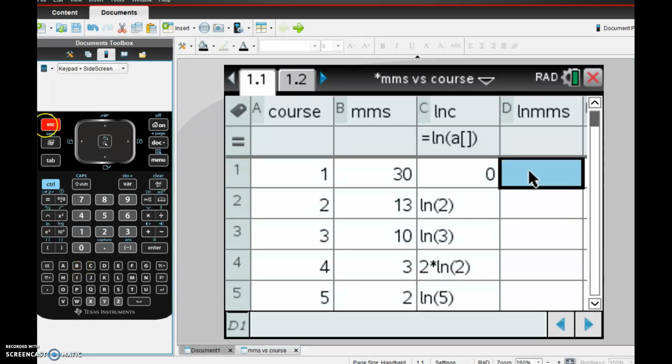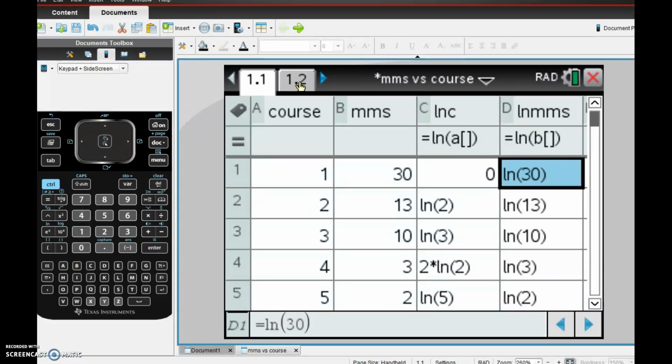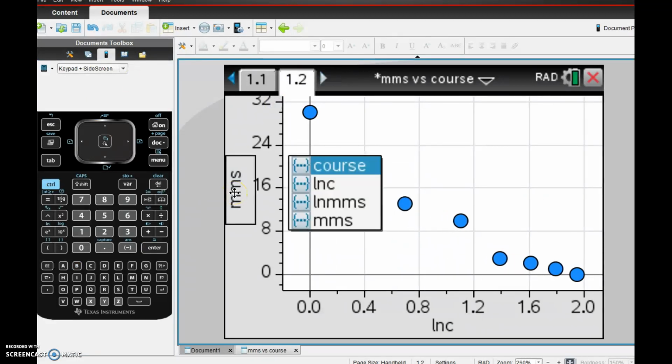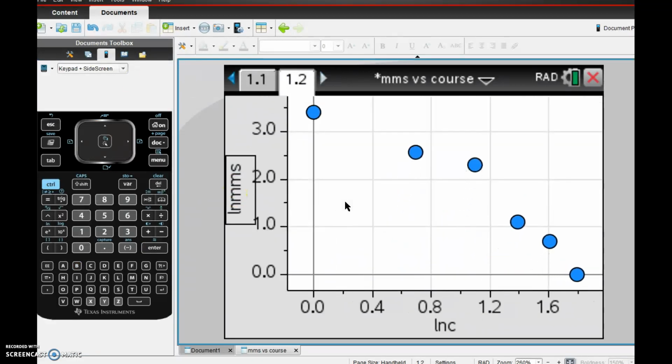I don't want that there. Got to put it in the equation. Natural log of column B. So let's see what that graph looks like: natural log of course, natural log of M&Ms.